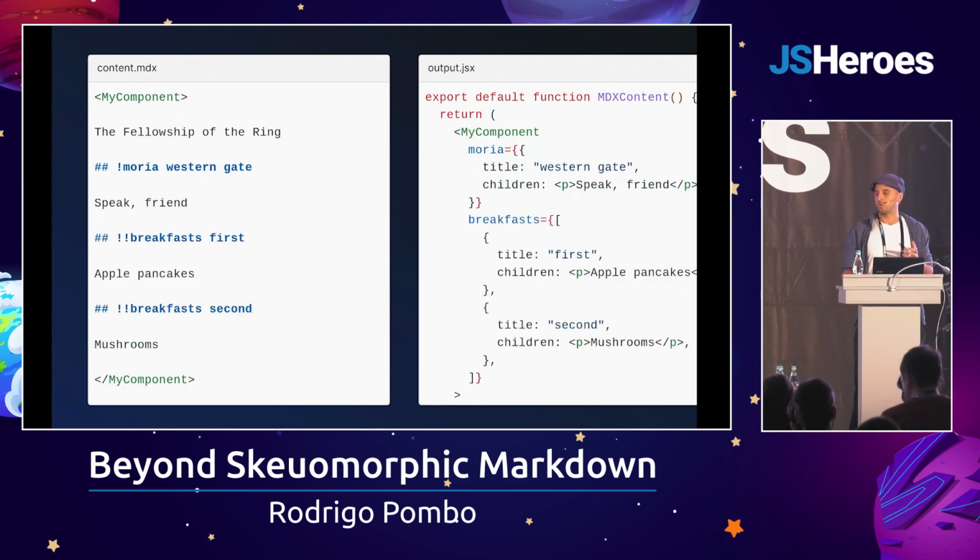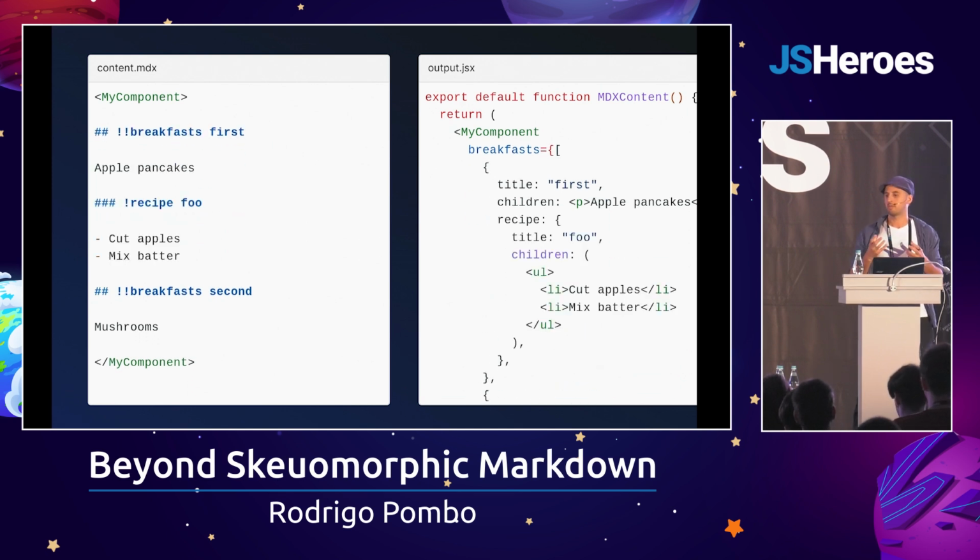You can also have lists of blocks. Here, instead of one exclamation mark, we have two, which tells CodeHike that this should be a list of breakfasts. And you can also nest them.